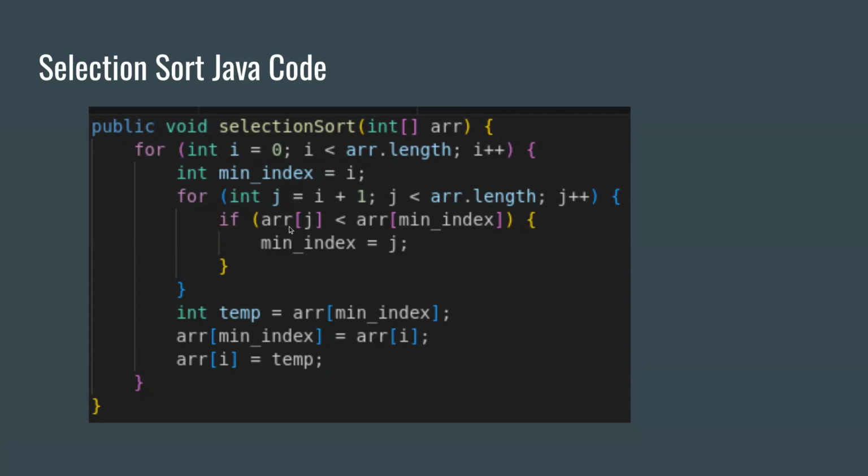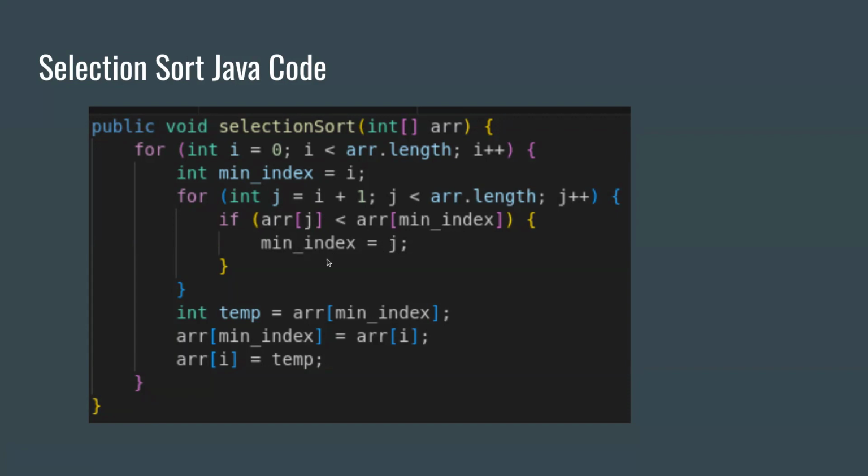And if the value of the element of the array at j is less than the element value at the minimum index at the time, you will update the minimum index to j.